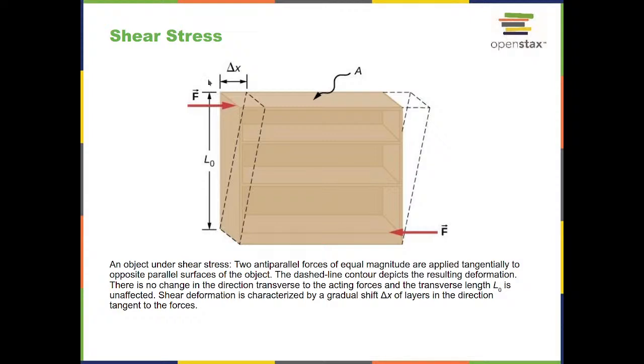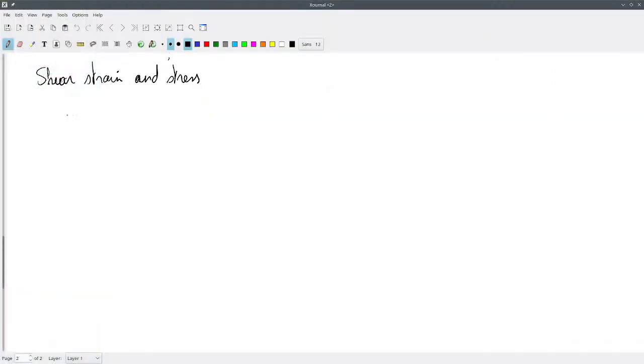In this case, in shear stress, we're pushing on the side of our bookcase, and so we're pushing along the direction of the surface area that is involved in our strain. So in this case, the force is now parallel to the surface area. So that's our shear strain.